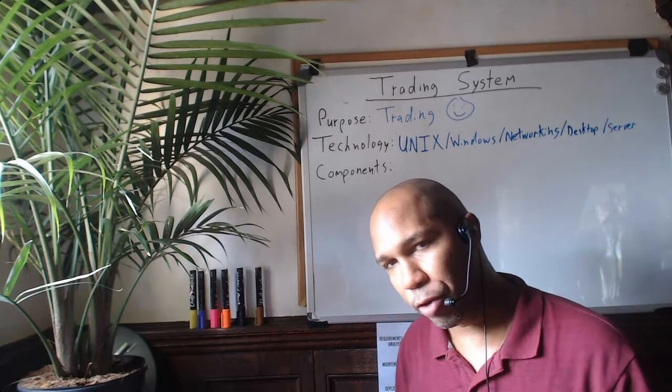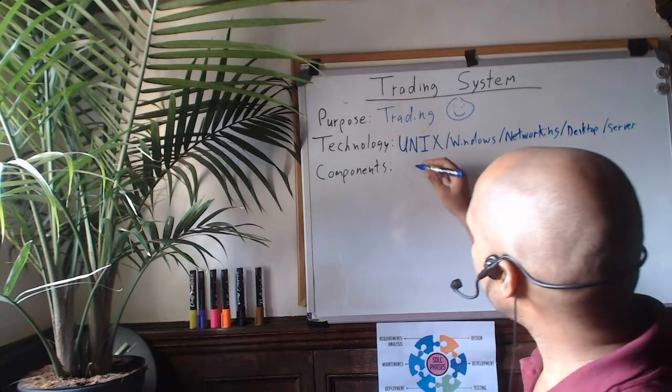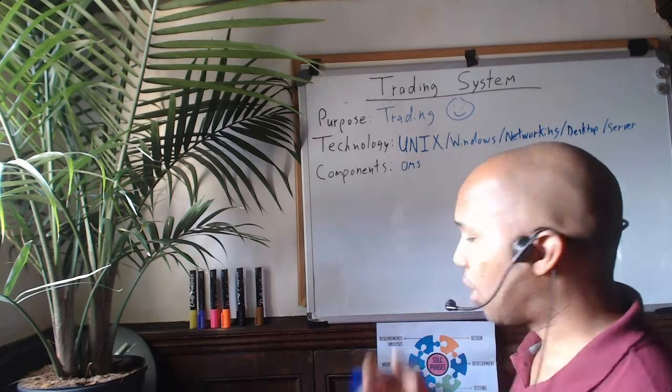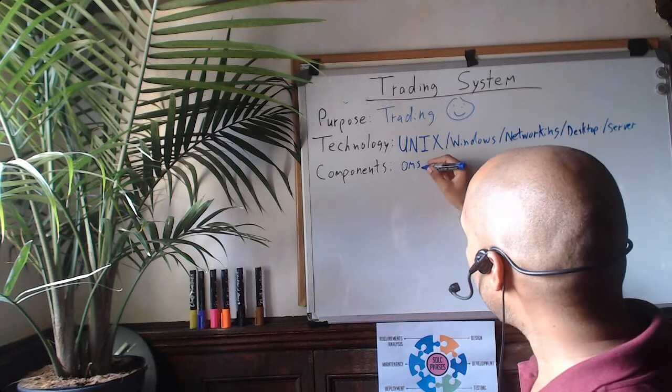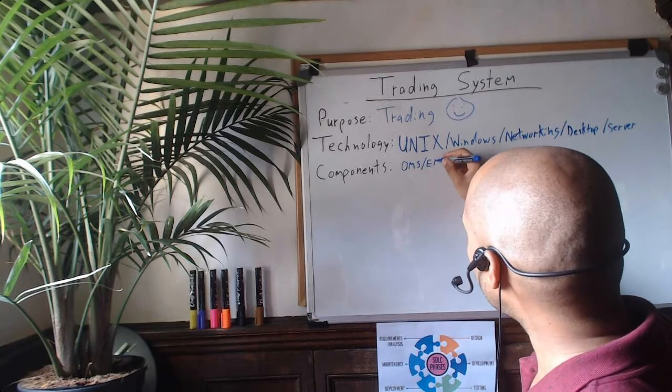So let's run through very quickly the components of a trading system. On the front end, you're going to have an OMS or EMS. Sometimes they're combined, so you have an OMS/EMS. Basically you're talking about an order management system and an execution management system.